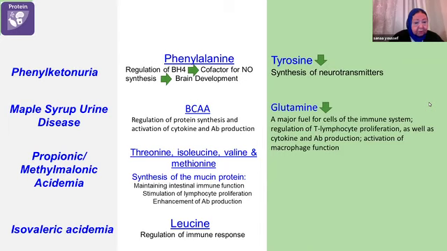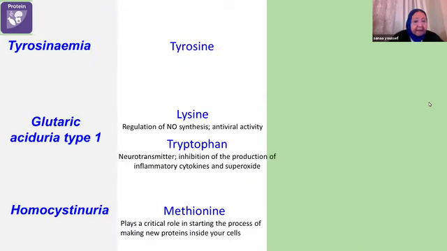And also in glutaric acidemia, this is going to affect the GIT function. In isovaleric acidemia, we have the accumulation of leucine, which is responsible for the regulation of the immune system.